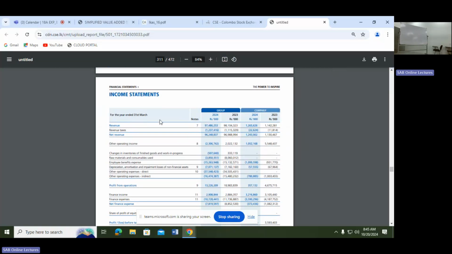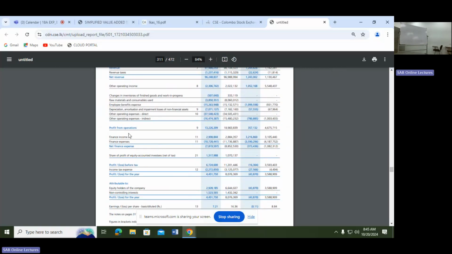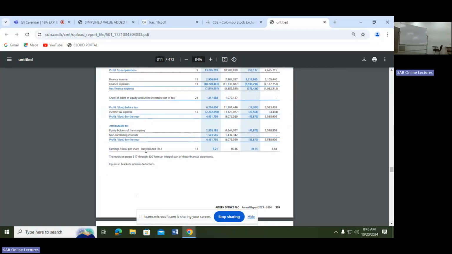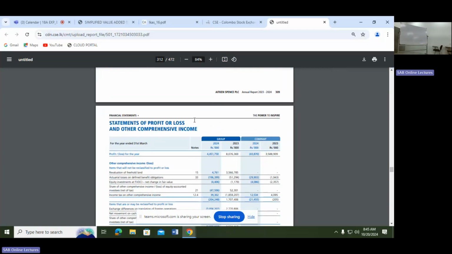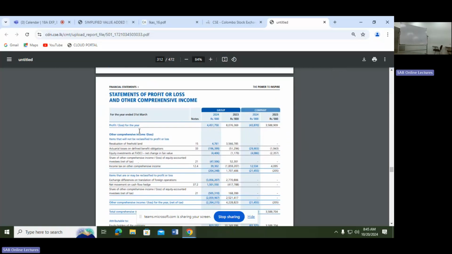This is the income statement. What is there? Revenue, net revenue, plus other operating income. Likewise, we have profit from the operation. What is this?